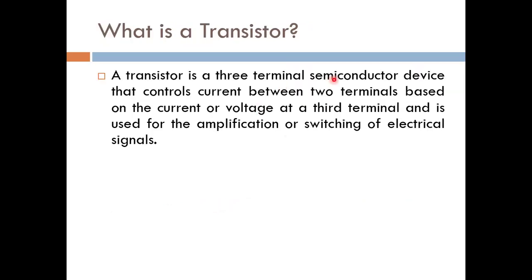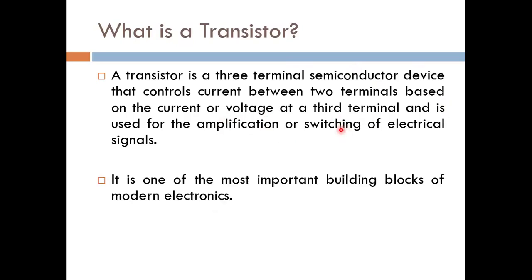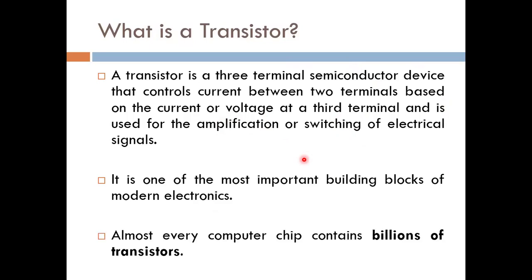It's a three-terminal semiconductor device that controls current between two terminals based on the current or voltage at the third terminal. And if we talk about its application, it's used for either amplification or switching. And this is one of the most important building blocks, as we discussed, nowadays in modern electronics.